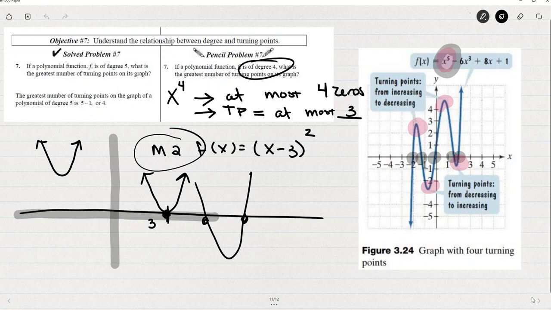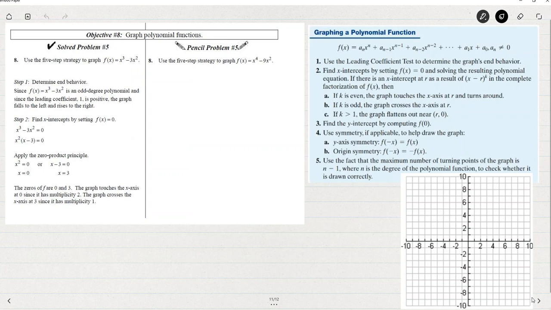So that's turning points. Look at a few more examples of turning points and make sure you're really comfortable with that idea. Sketch out a few examples to show yourself the number of turning points.